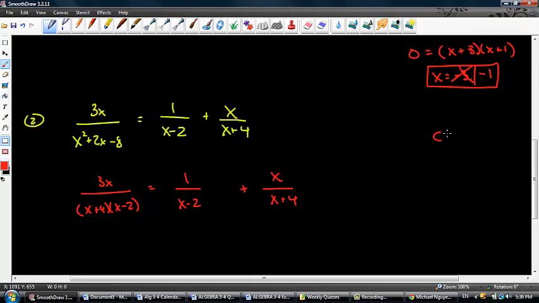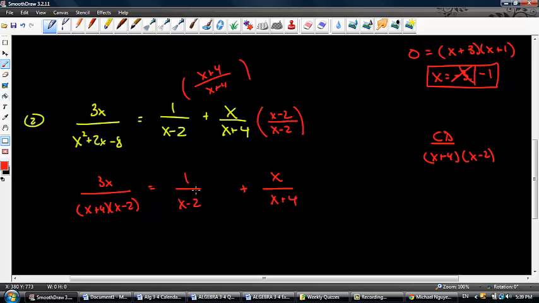Okay, so what am I missing here? My common denominator is going to be this denominator down here, x plus 4 times x minus 2. So let's multiply by what's missing. What's missing from the right term is an x minus 2, and what's missing from the center term is an x plus 4.